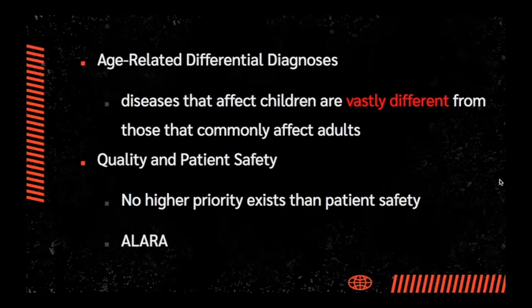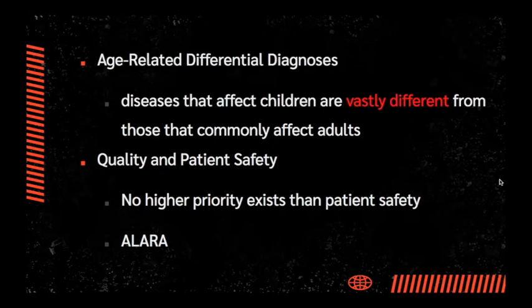And then lastly, quality and patient safety. There is no higher priority than patient safety, right? As we know, pediatric patients have some organs and structures that are much more radiosensitive compared to adults, and they still have many more years to live.